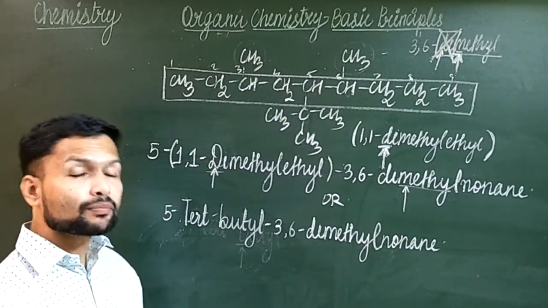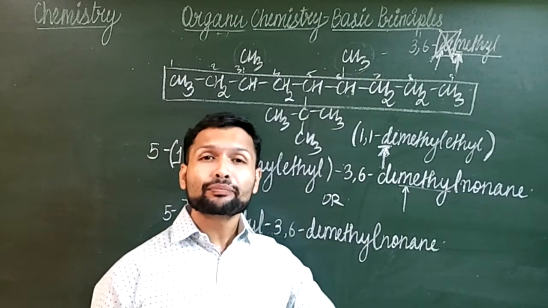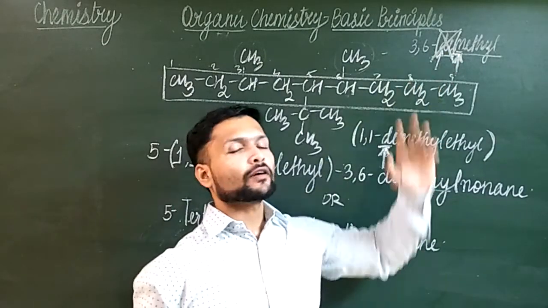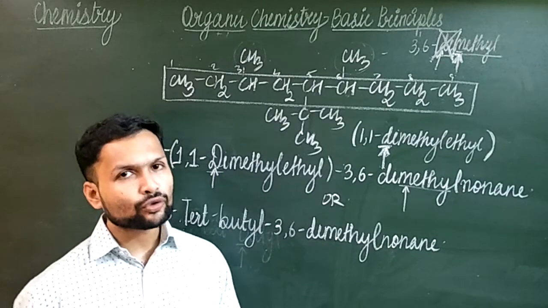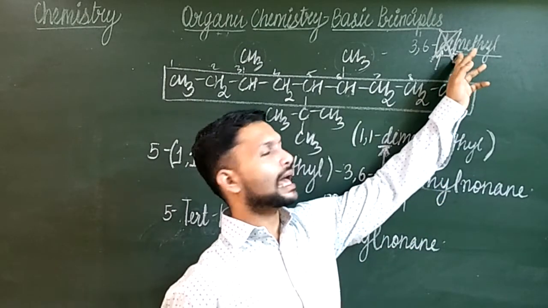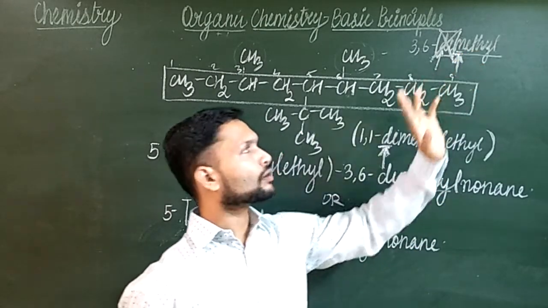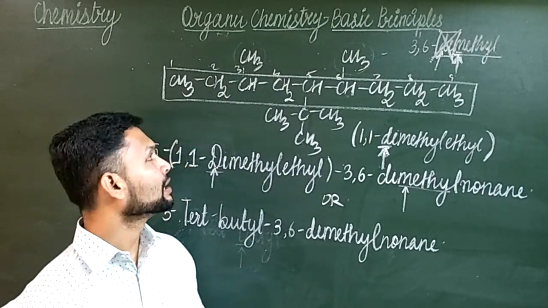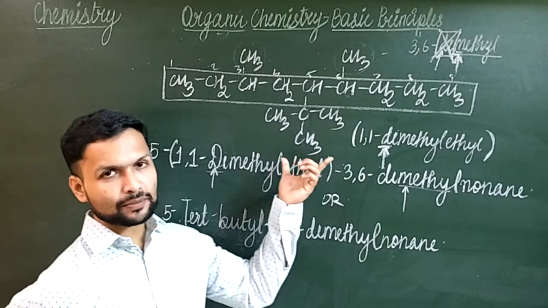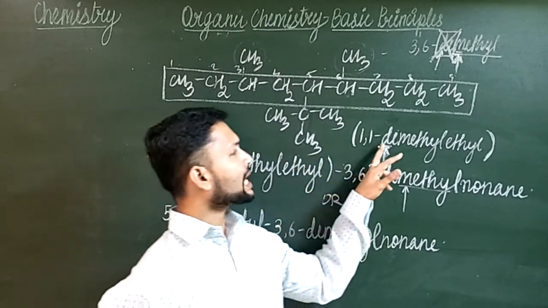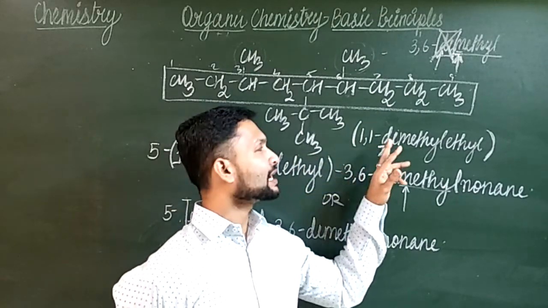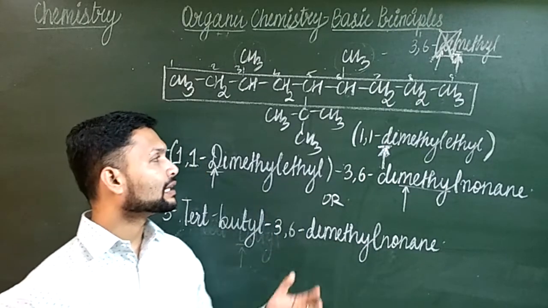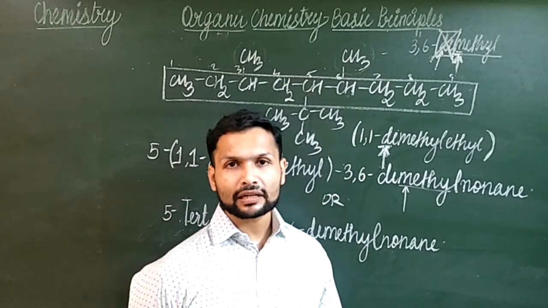So again I'm repeating, for simple substituents the alphabets of the prefix are of no use. We'll always use the alphabet of the alkyl group, the simple branch, for alphabetical order naming. Whereas for a complex substituent, the first alphabet in the parenthesis, even if it is a prefix, is considered in the alphabetical order.